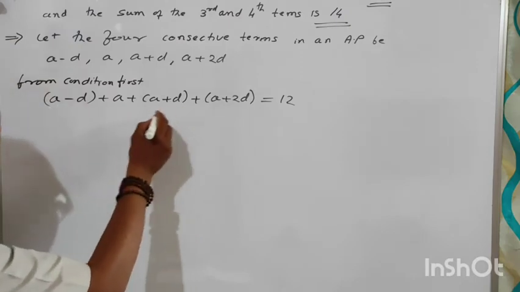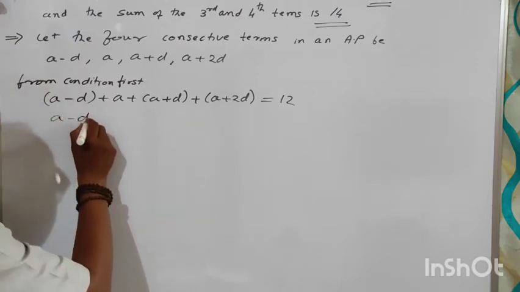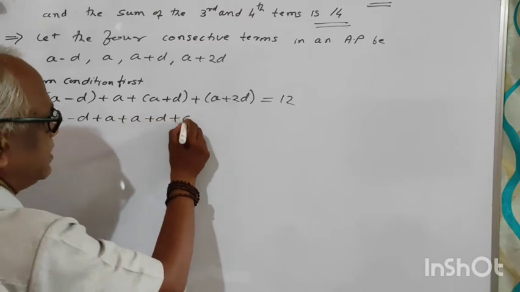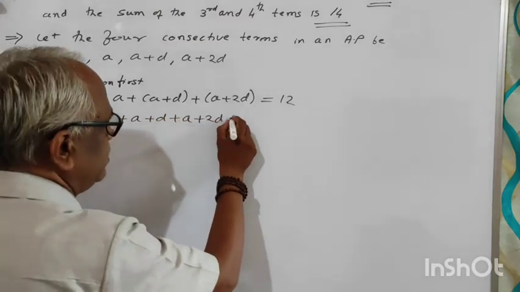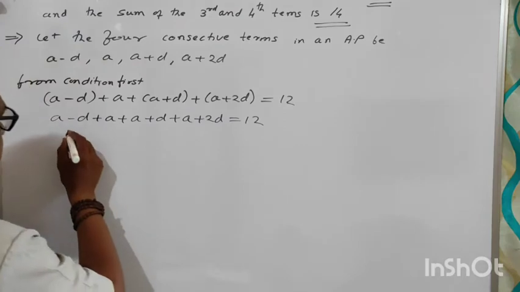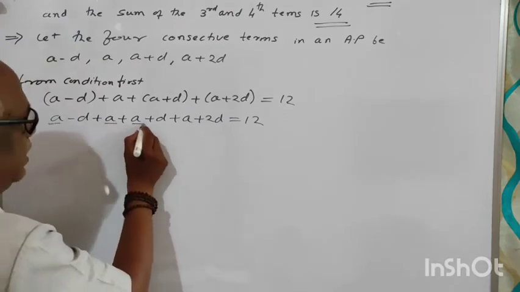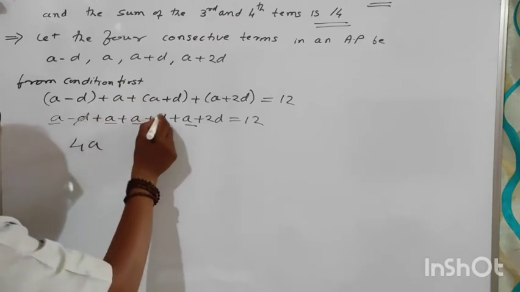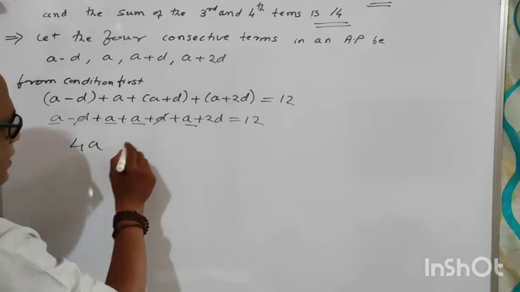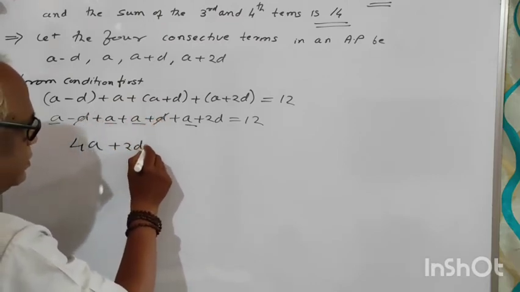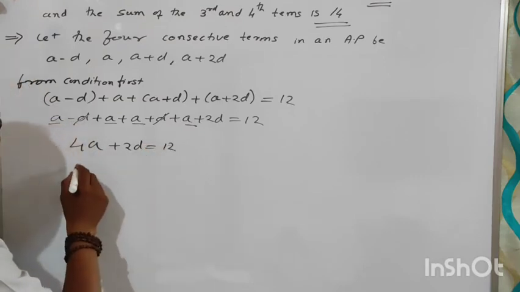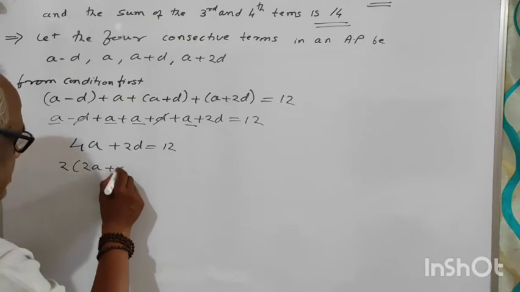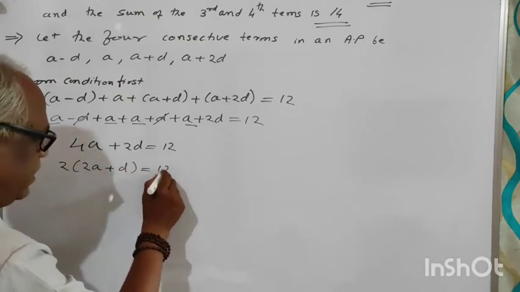Now solve the bracket. a plus a plus a, that is 3a, plus d minus d get cancelled, plus 2d is equal to 12. Now from this, 2 is common inside the bracket, 2(a plus d) is equal to 12.